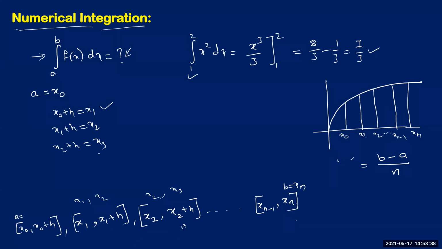Now, after dividing the actual interval into n subintervals, recall what you have done earlier. In each subinterval, if you take this x0 comma x1, this is the actual area which you need to consider here. But instead, you have taken a rectangle which fits into this. And here in this case, we take one more rectangle like this.